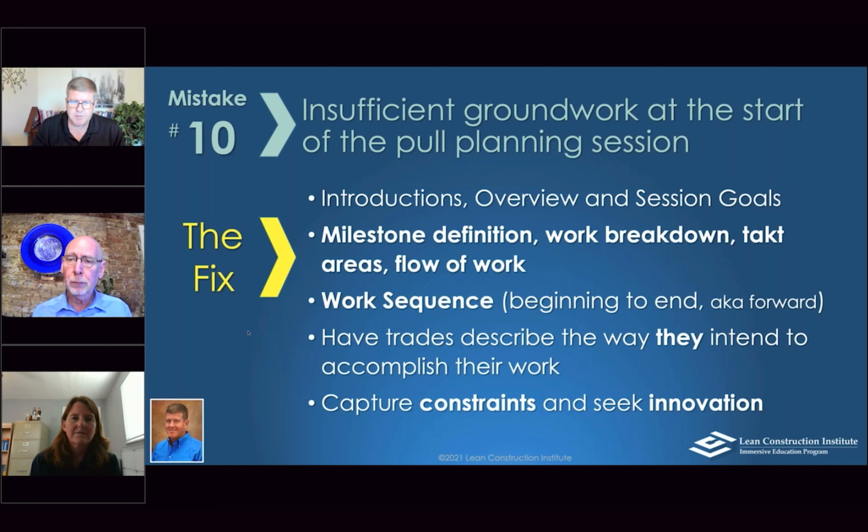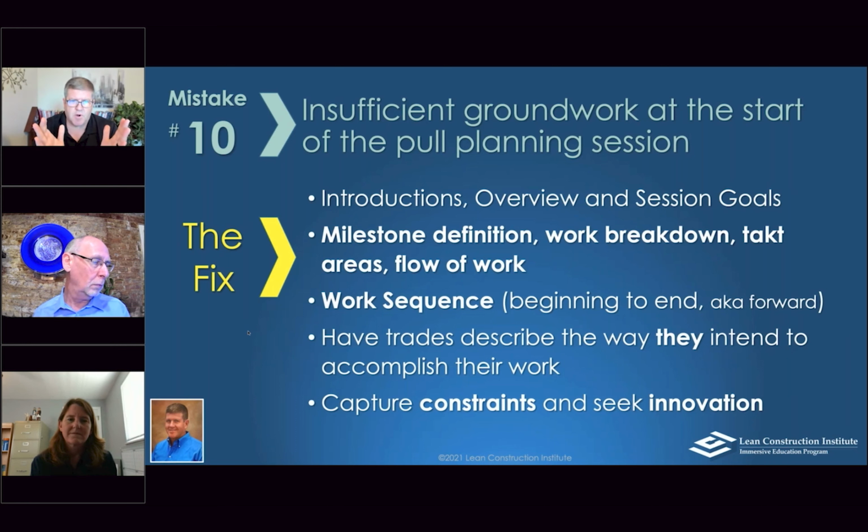Then we also want to capture those constraints. That's where the constraint capture comes into play. It starts with pull planning. Generally, a pull plan populates 10, 12, 15. I've had 50 constraints pop out of a pull plan that people have to go wrestle down to the ground. And also ask for innovation. Ask, is there a better way to do this? Is there a different way we could approach this?